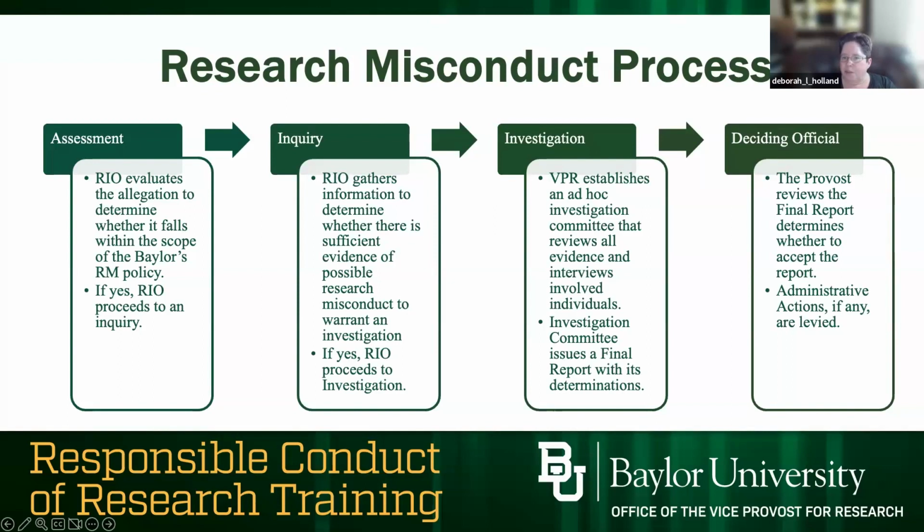The investigation committee may make administrative action recommendations and that's one of the things that they're allowed to do. It's up to the deciding official whether to accept those, whether to put those in practice, or the deciding official may actually decide to take further actions than what the committee has recommended.